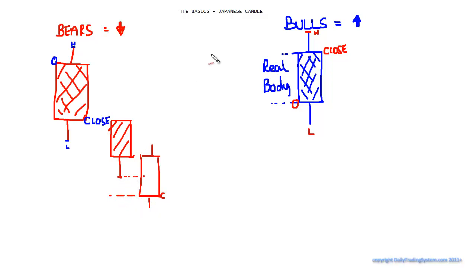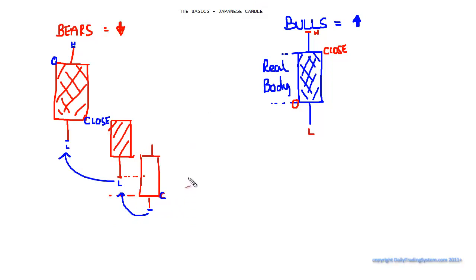Sometimes what's also important is that this low here is also lower than that low, and the same conversely. To see a continuation, what we would like to see is that these lows are lower than the previous lows. But what's really important as well for an extra strong confirmation is to see these closes close lower than the previous low. Alright, that's really some powerful sentiment right there.